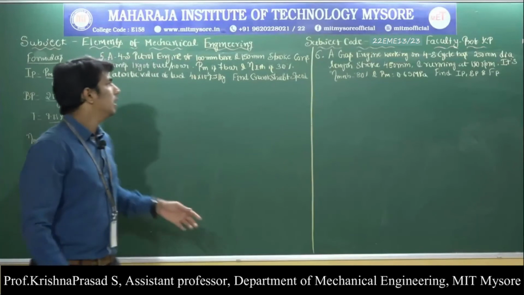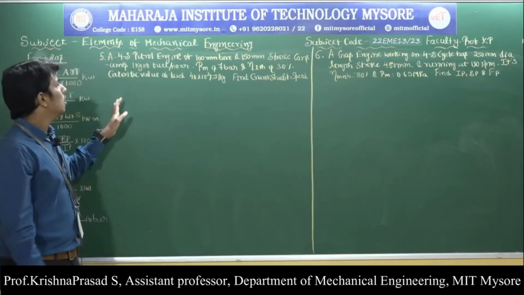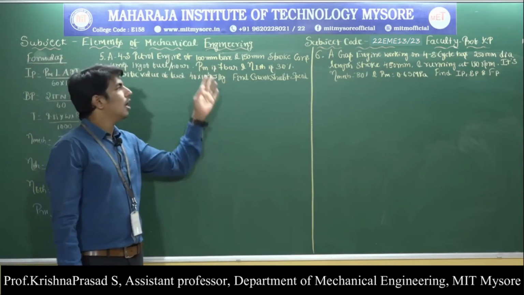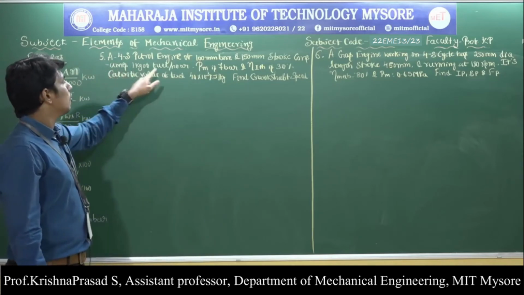The fifth problem regarding the internal combustion engine: a 4-stroke petrol engine of 100 millimeter bore diameter and 150 millimeter stroke length consumes 1 kg of fuel per hour.